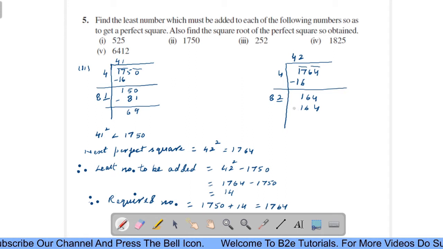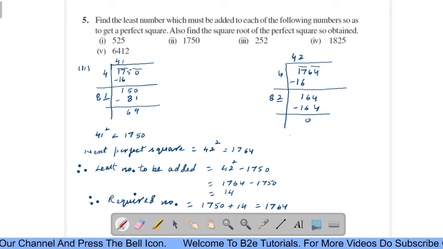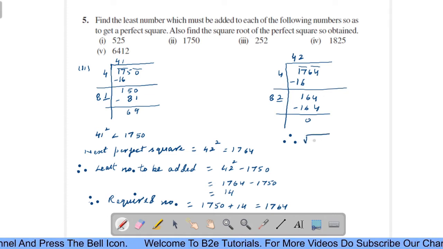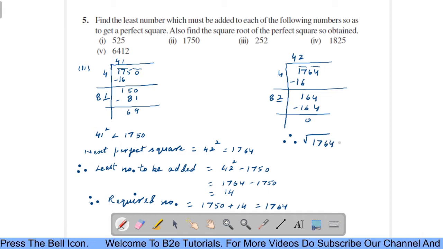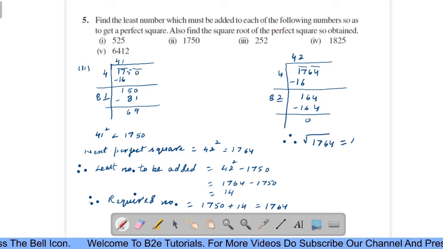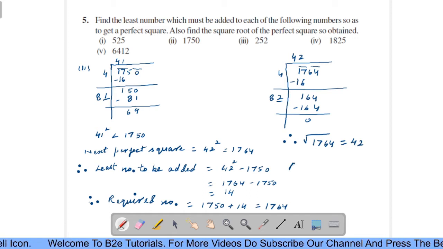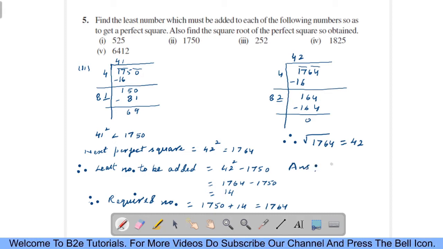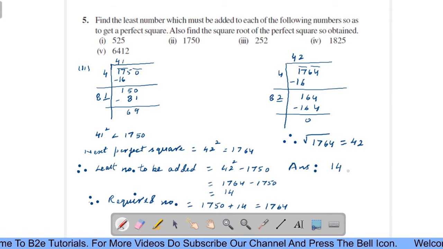Subtract it. The remainder will be 0. Therefore, the square root of 1764 is equal to 42. Therefore, your answer is 14 and 42.